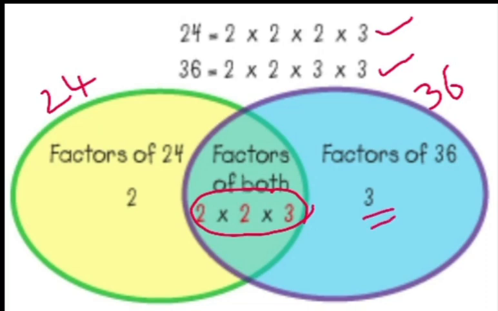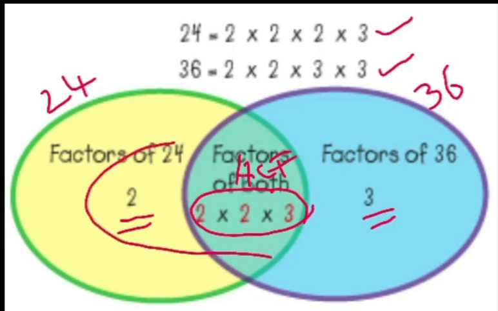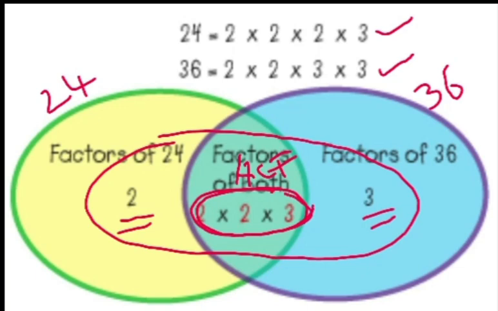Additionally, 3 is another factor for 36. 2 is another factor for 24. So, this is the HCF, and the product of all these numbers, the union, is said to be the LCM, and the product of only the common factors is the HCF.